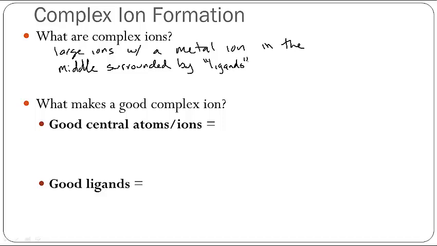So I'm going to show you some pictures in a little bit, but the metal ion is positive, and it actually accepts lone pairs from these ligands. So it's a Lewis acid-base reaction where the metal ion acts as the Lewis acid and the ligand acts as a Lewis base. And a ligand is a molecule or ion that can share lone pairs.